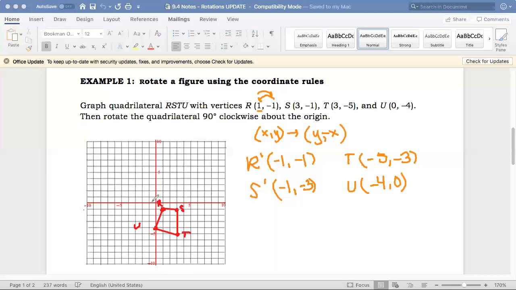So R is now at -1, -1. So R is now right here. So R prime. S is going to be at -1, -3. T is at -5, -3.